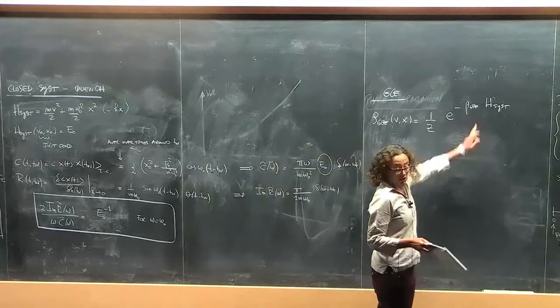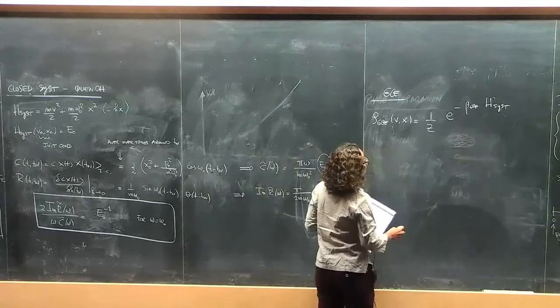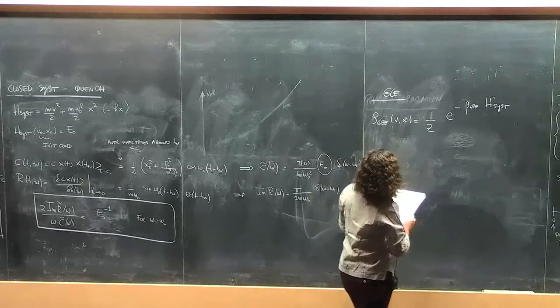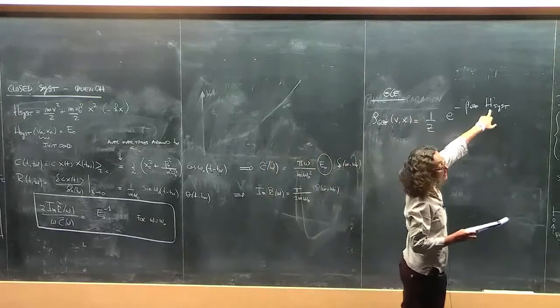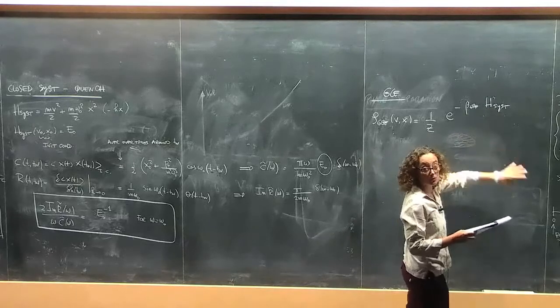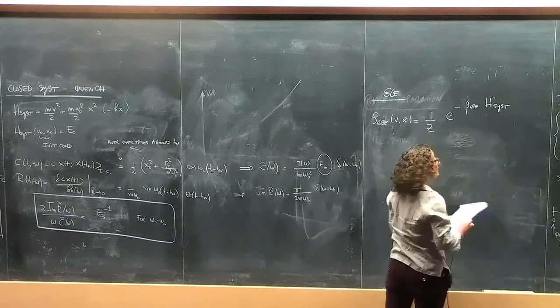So the beta GGE you have to fix by requiring that the average over this distribution of energy, the conserved quantity, be equal to E naught, which is the value that is conserved.